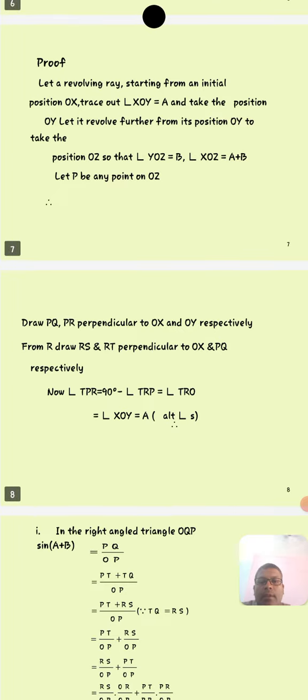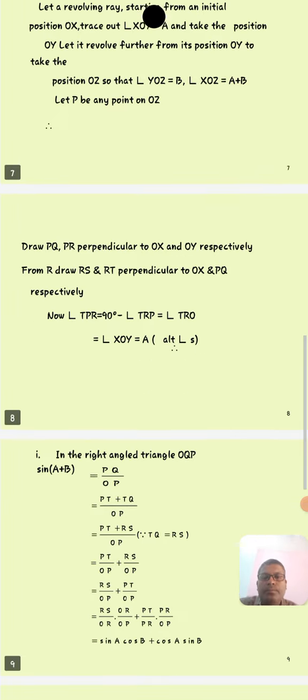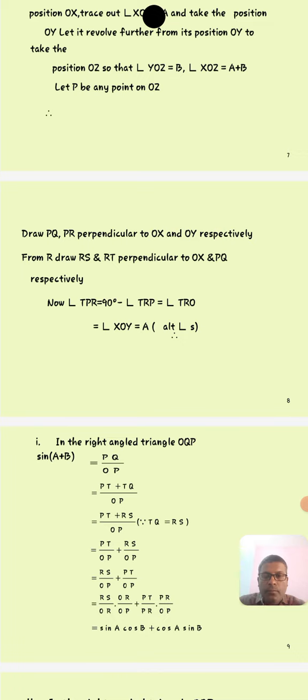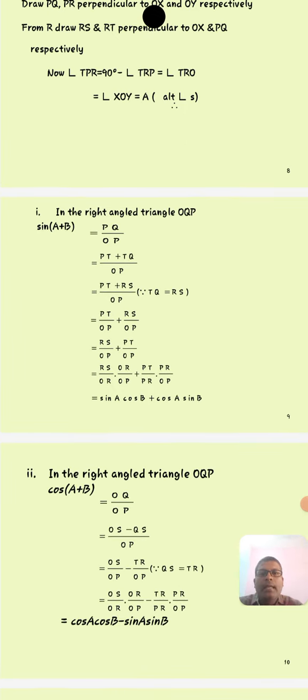In the same way, in the right angle triangle OQP, sine of A plus B is equal to PQ divided by OP. You observe the figure. PQ is PT plus TQ, divided by OP.